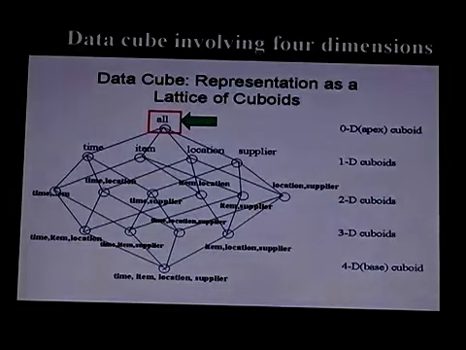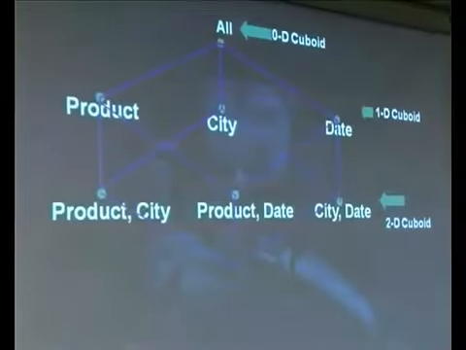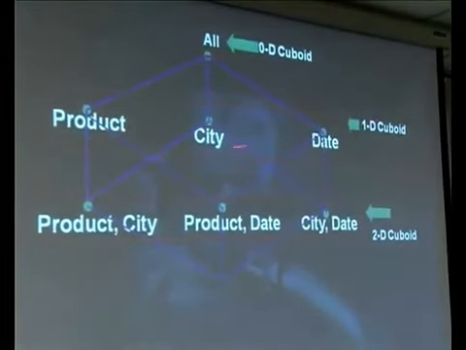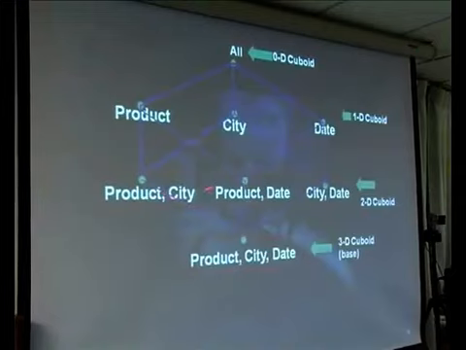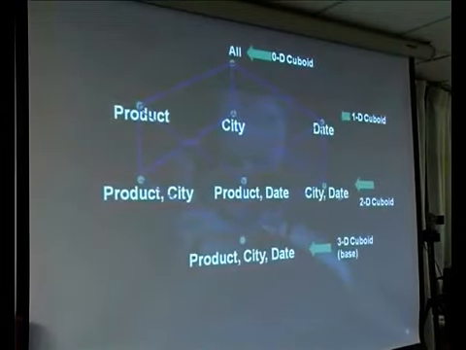Next question: the basic difference between relational database management systems and multidimensional database management systems. In order to understand the other features and the concept of a data cube, which is a lattice structure, if you observe here, all is a 0-dimensional cuboid. Product, city, date are 1-dimensional cuboids. Product-city, product-date, city-date are 2-dimensional cuboids.